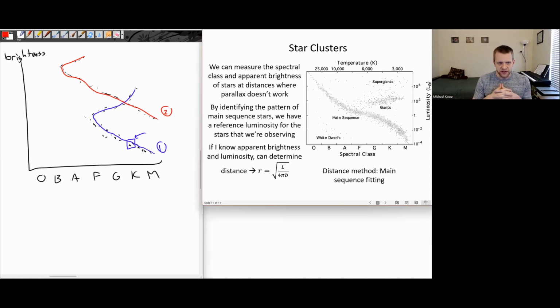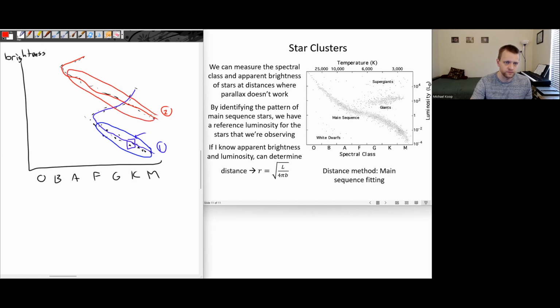Okay, so let's have a look at these. If we have these two star clusters, we can identify in both cases those main sequence bands. We know that main sequence stars, if we know their spectral type, will have a consistent luminosity.